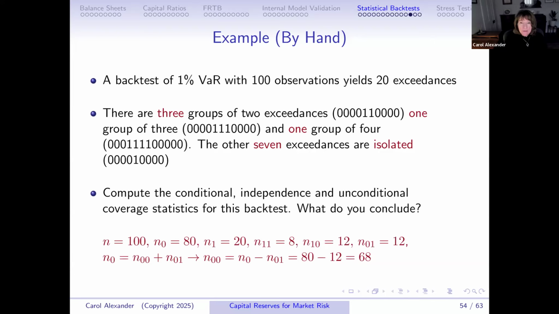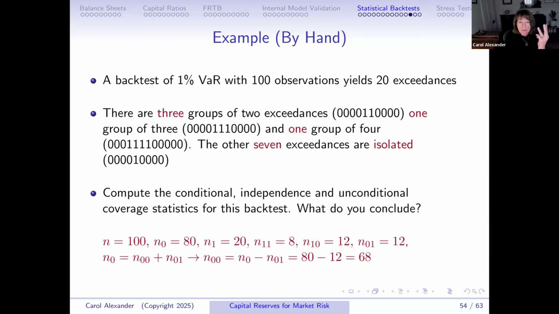All right, so we've got to compute these numbers N01, N11, and so forth, and N0 and N1. So N is 100, that's the number of observations. 20 exceedances, so N1 is 20, and that means the number of zeros is 80. Now, how many times is a 1 followed by a 1? That's N11. Well, we've got 3 groups of 2 exceedances, so that's 3 times.